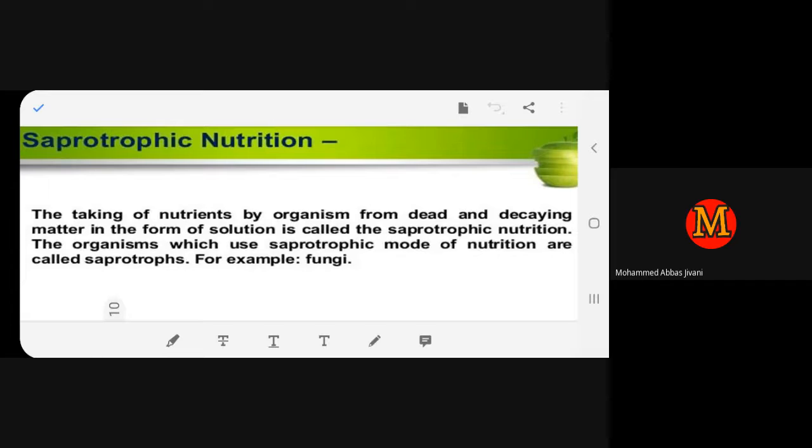You have to be very particular. The taking of nutrients by the organism from dead and decaying matter in the form of decaying. Read it again. I'll not tolerate wrong reading. I'm very, very strict regarding this. I will not allow you to go further.